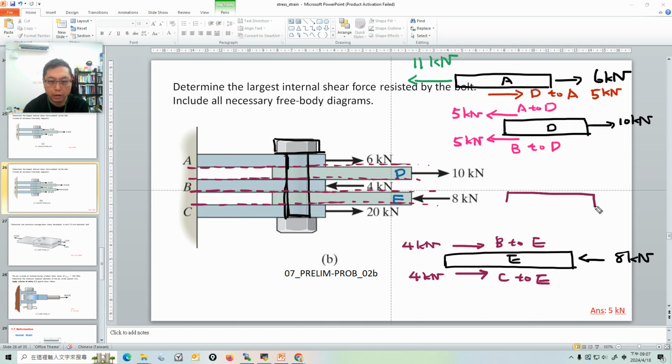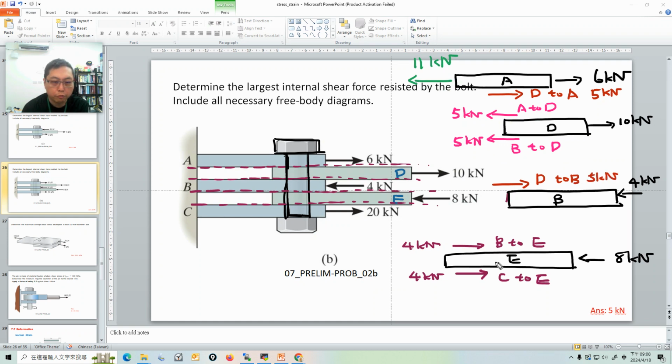When we look at B, there is an external force here, and B contacts D. Previously we know B has a force acting on D, so there must be an equal and opposite reaction force from D to B, which is 5 kilonewton.